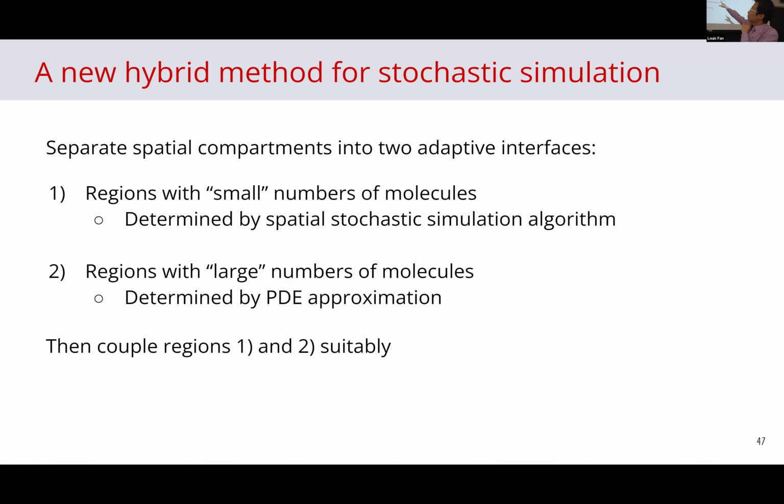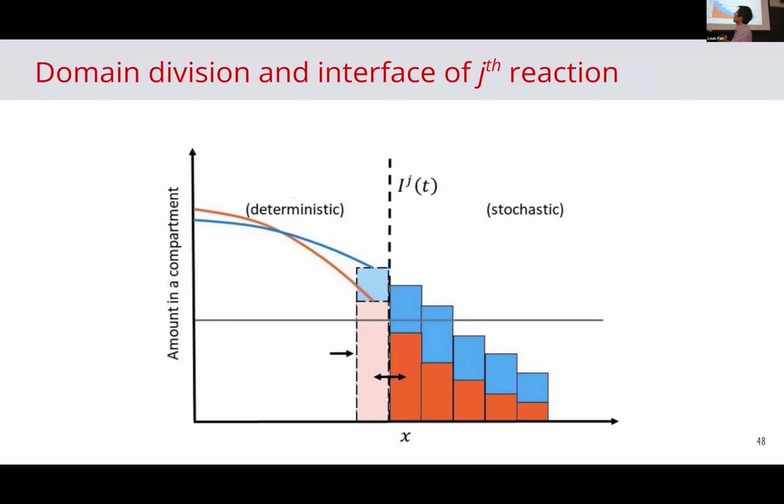For compartments that have small numbers, we simulate the chemical reactions by a continuous time Markov chain, using the Gillespie algorithm. But for regions with large numbers, we simulate using a PDE. We couple them suitably using the so-called pseudo-compartment method.